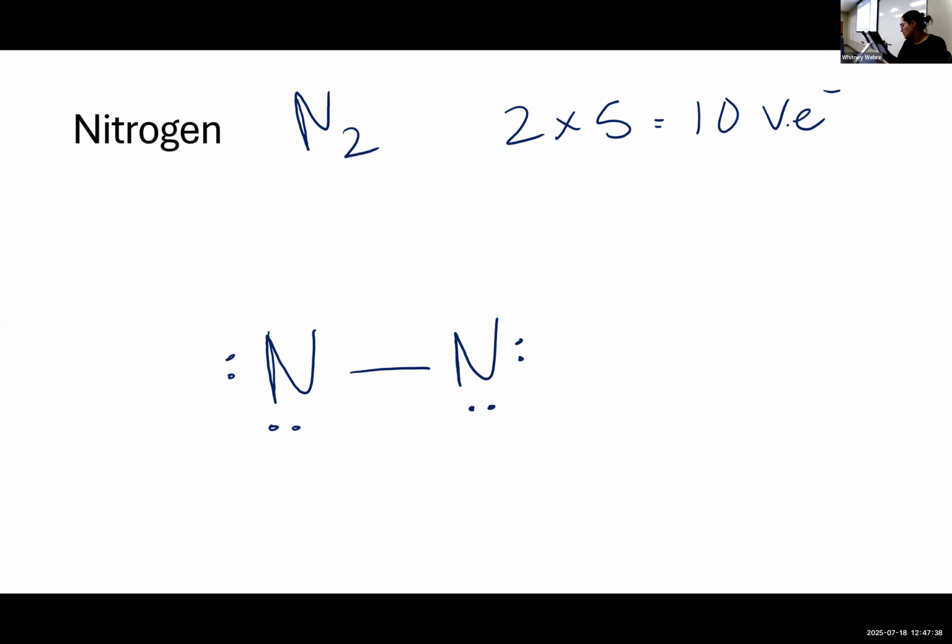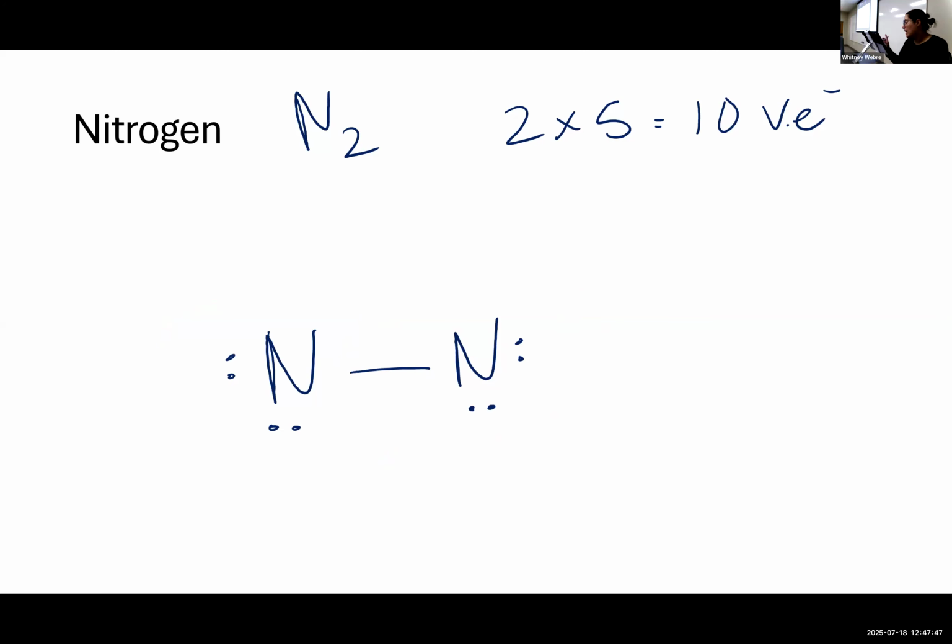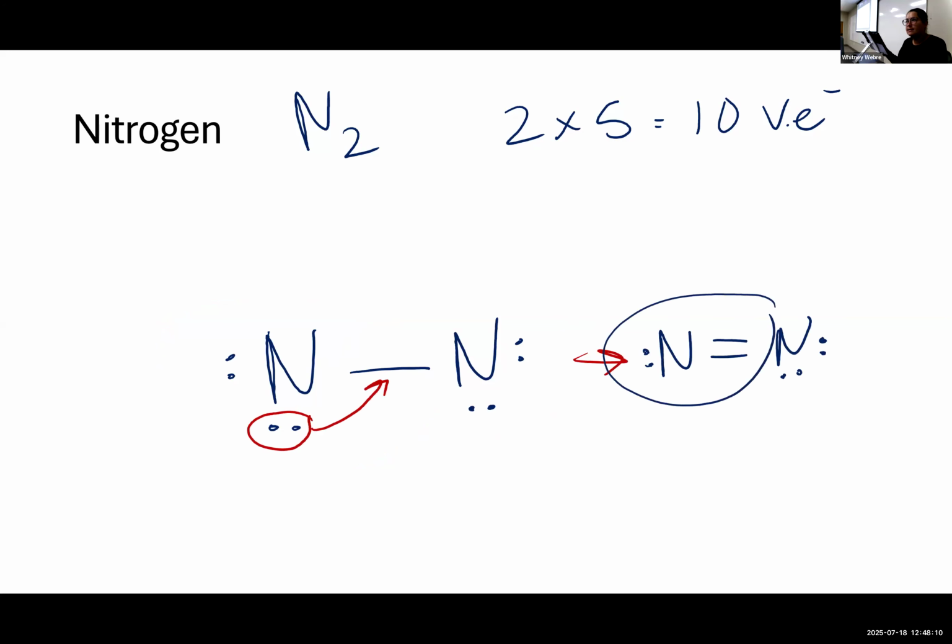But this nitrogen has 6, this nitrogen has 6. So we can't leave it like that. We have to help out and make these nitrogens have full octets. So to do that, I have to add lone pairs to the middle until I do. All right, so by adding 1 lone pair, this nitrogen has 6.